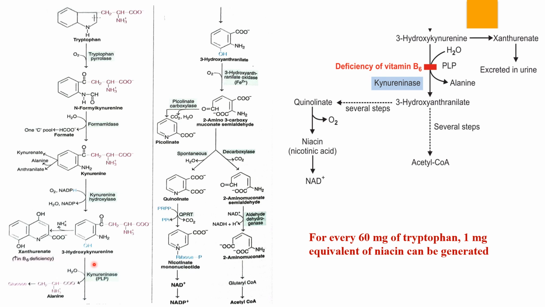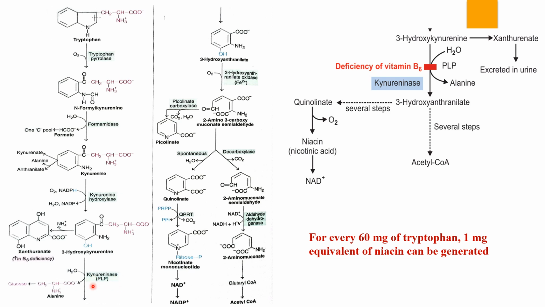So further, this 3-hydroxykynurenine can be converted into xanthurenate, with the loss of ammonia. Further, the 3-hydroxykynurenine converts into 3-hydroxyanthranilate, by the enzyme kynureninase, which requires the presence of pyridoxal phosphate, that is the active form of vitamin B6.